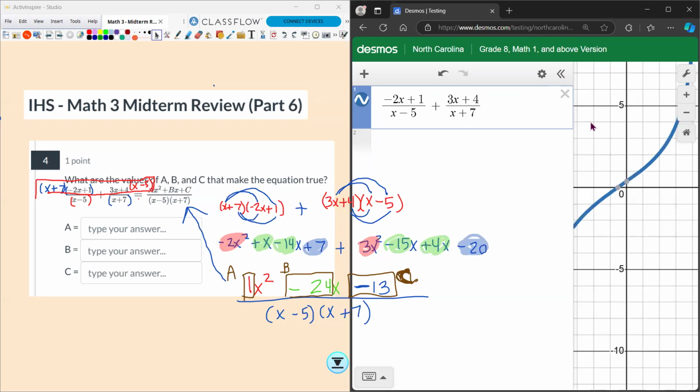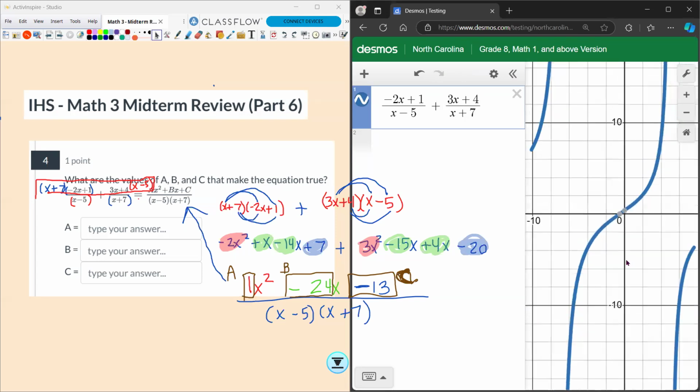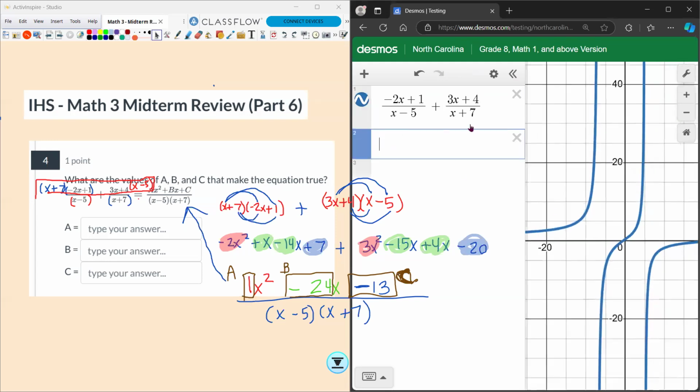So we look at that graph. Let me zoom out a little bit. And then we look at my choices. So I have ax squared plus bx plus c, and then I'd go over here and do x minus 5 and x plus 7.